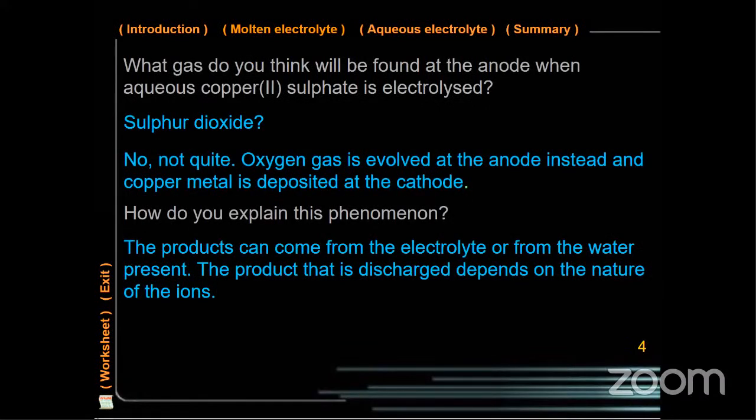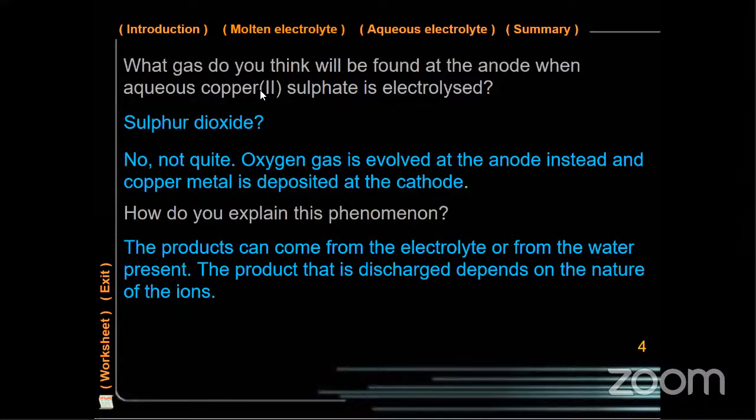All right, what gas do you think will be found at the anode when aqueous copper sulfate is electrolyzed? The answer is there already. I was to go slowly, but I went too fast there.